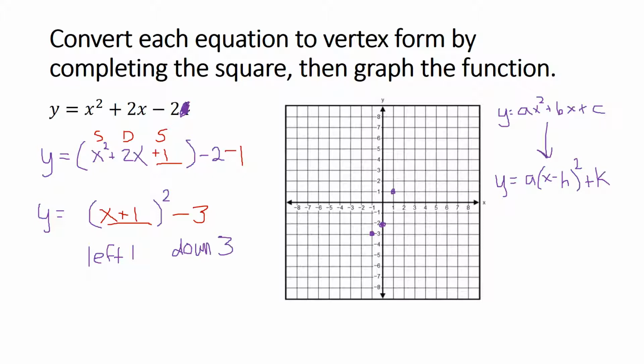Over 2, up 4. Over 3, up 9. And a mirror image on the left side. From your vertex, over 1, up 1. Over 2, up 4. And over 3, up 9.